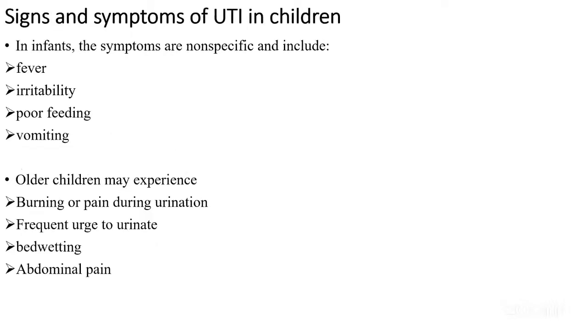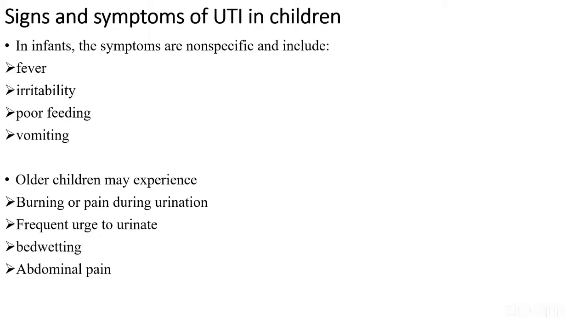So what are some of the signs and symptoms that we see in children? For infants who cannot express themselves, most parents and most doctors will see the following signs and symptoms. There will be fever. The children will be irritable. They will feed poorly. There will be nausea and vomiting.